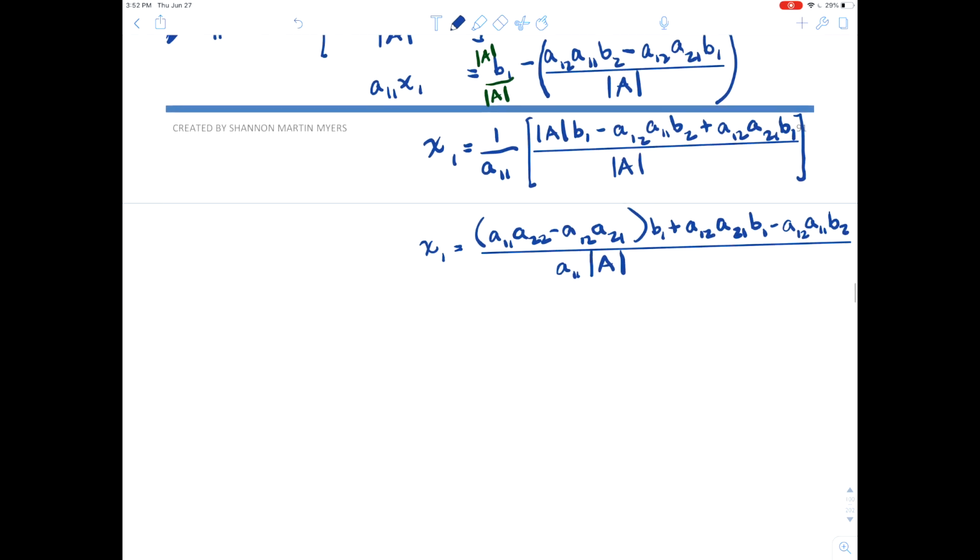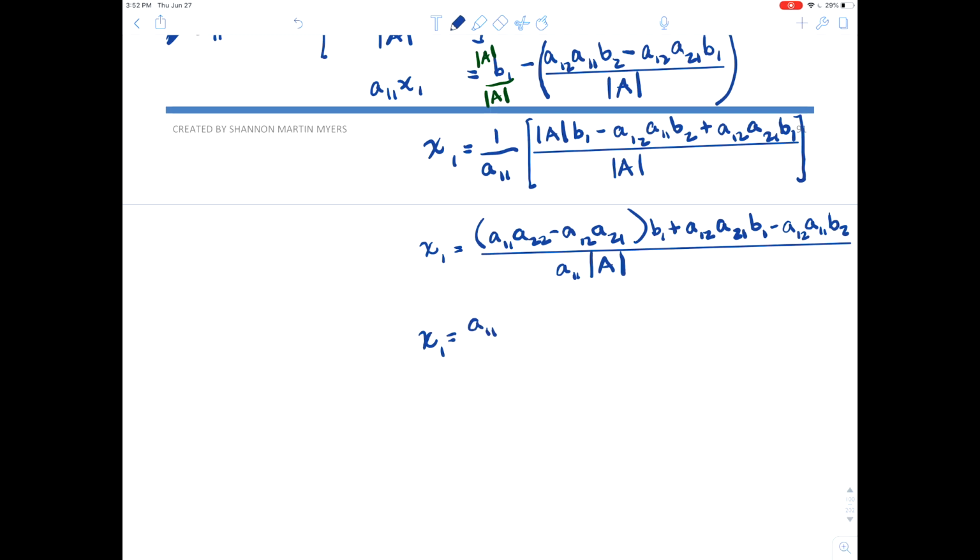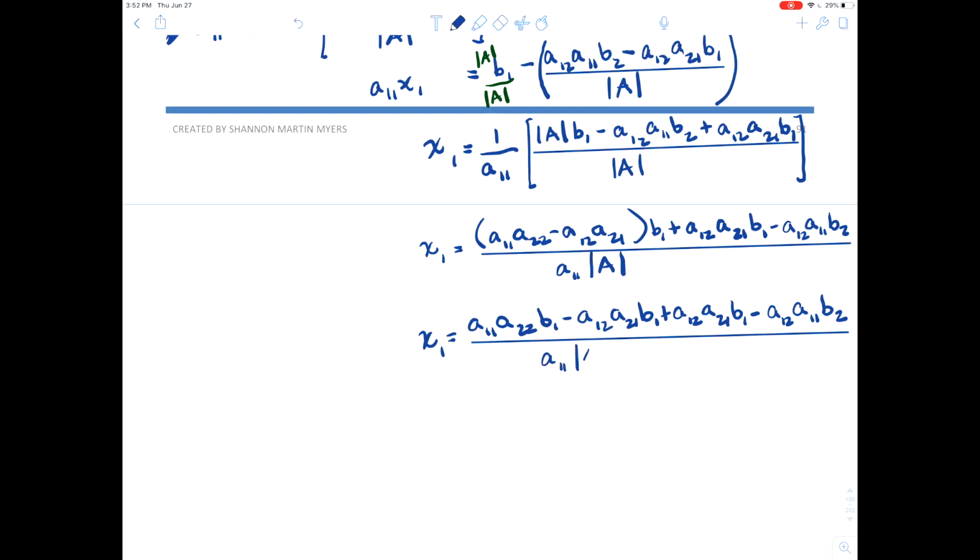Good so far? Awesome. So then x1 will be A11 times A22 B1 minus A12 times A21 B1 plus A12 times A21 B1 minus A12 times A11 B2 all over A11 times the determinant of A. So just to give you a heads up, I replaced this determinant of A with this expression here.